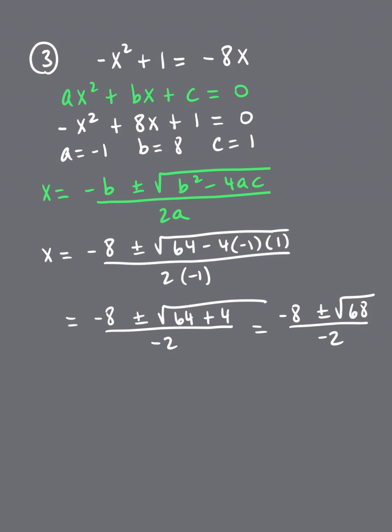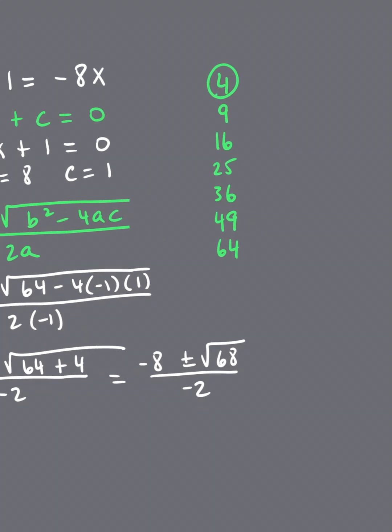Now, you can always also make a list of perfect squares to make it easier. 2 squared is 4, 3 squared is 9, 4 squared is 16, 5 squared is 25, 6 squared is 36, 7 squared is 49, 8 squared is 64. So which of these perfect squares is 68 divisible by? 4. So you could always do this on the side as well if you needed a little more room.